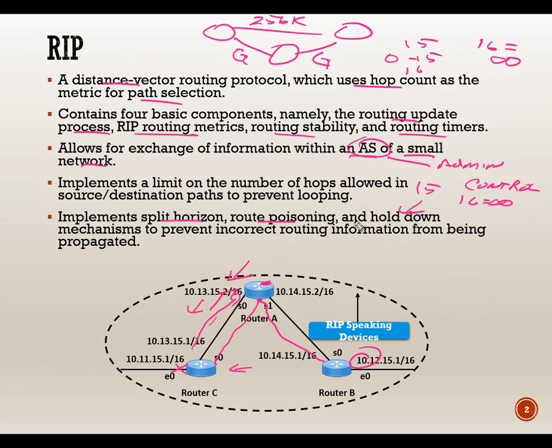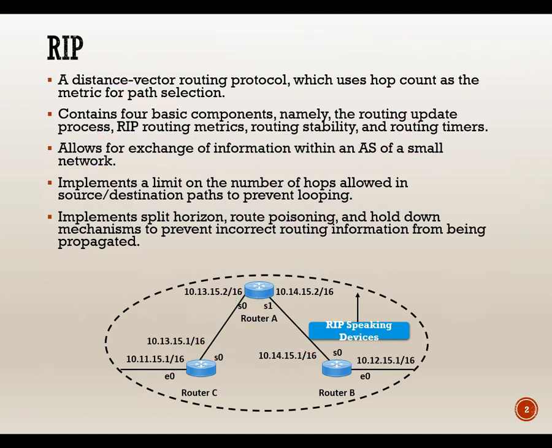Hold down mechanisms prevent incorrect routing information from being propagated. Hold down means we're going to wait a certain amount of time before we're going to accept any updates to the networks that have been declared as down.